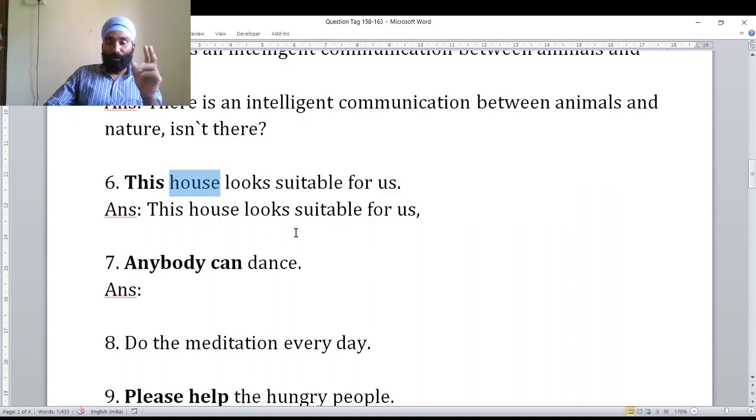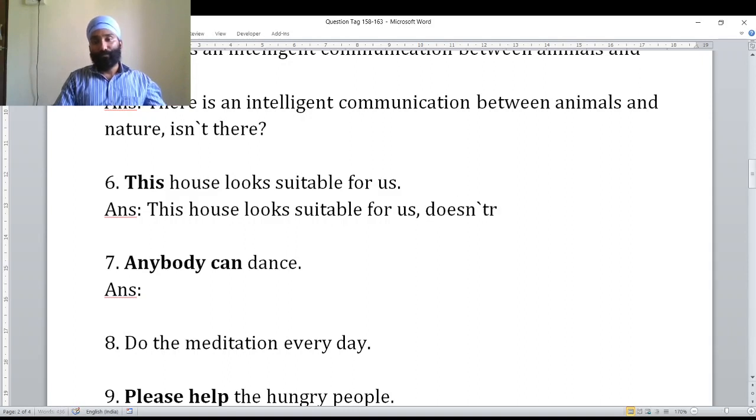This is why we have to use the helping verb agreeing with the subject and the pronoun related to the subject. So, comma, the statement is in simple present tense. The house looks. Looks is the main verb. This is why does will come and not: doesn't it for the house.